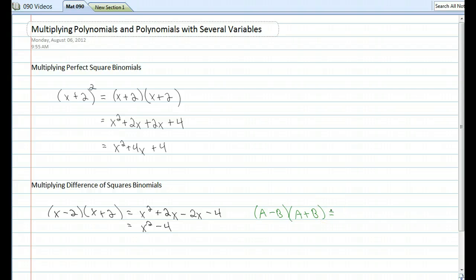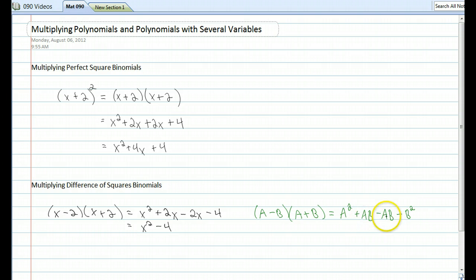If we multiply these things out, we have a times a is a squared. The outer two terms give us a times b, so it's plus a times b. The inner two terms are negative b times a, so that's going to be a minus a times b, or b times a, it's the same thing. And the last two terms, minus b times b, is going to be a negative or minus b squared.